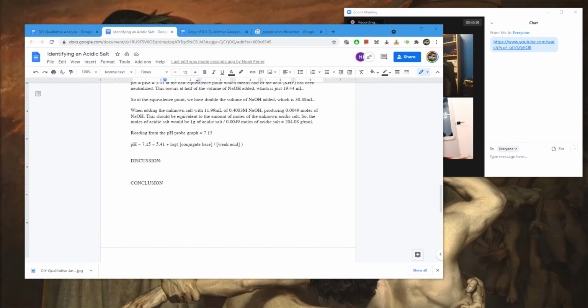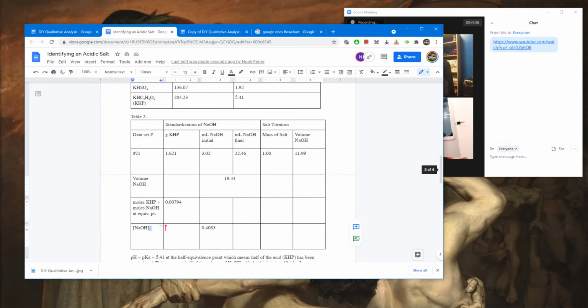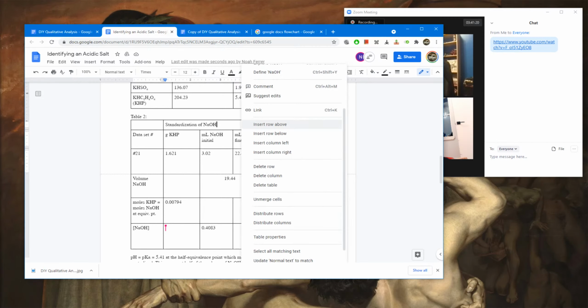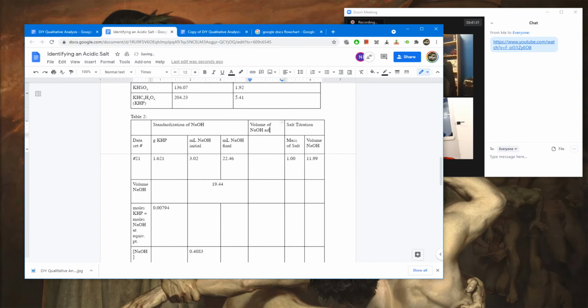Okay, that makes sense then. Anyway, fixing the graph. Let's do volume of NaOH added.